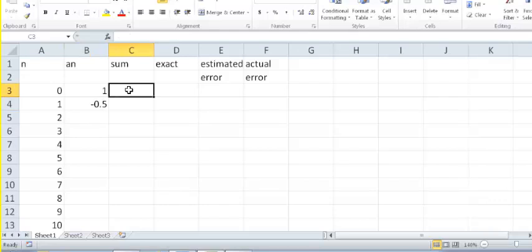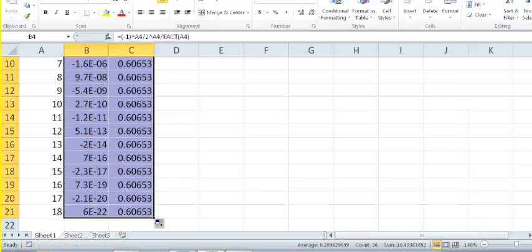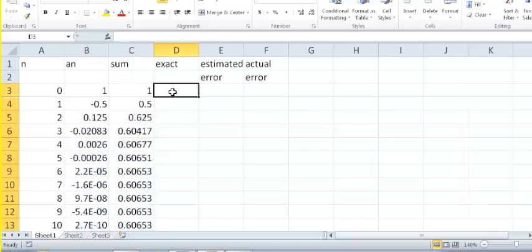Okay, so those are the first two terms. And the sum, this first sum is just the first term. The second sum is we take the first term and add the second term in column B. Okay, so that's the sum. And now we can just copy this down. And you see we're getting 0.60653. So it actually gets to the exact answer pretty quickly, if that is the exact answer.